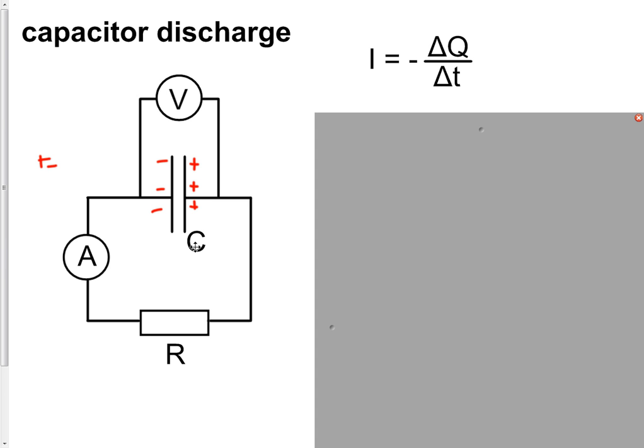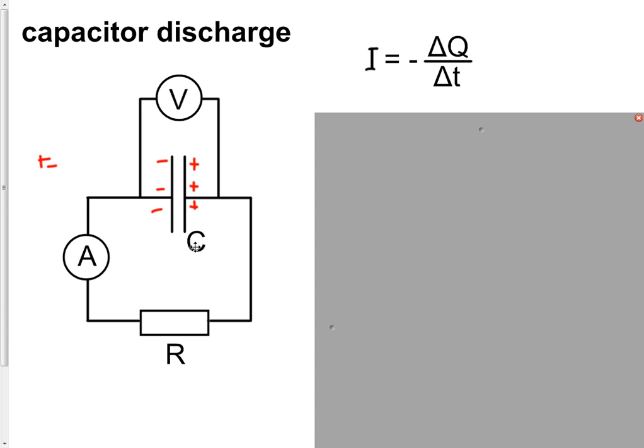The current flowing, I, is going to be the rate of decrease of charge stored on the capacitor. So over here I've got a delta Q over delta T. That's the rate that the charge on the capacitor is going down.